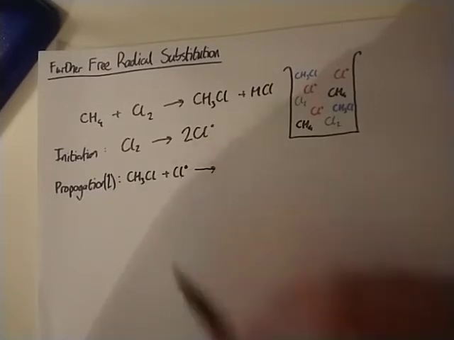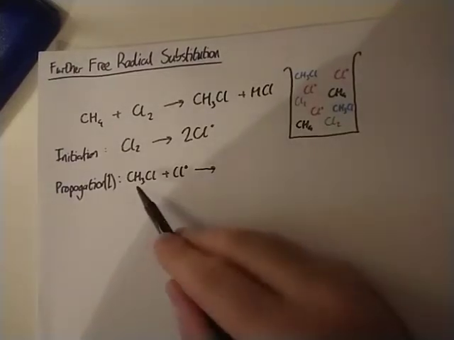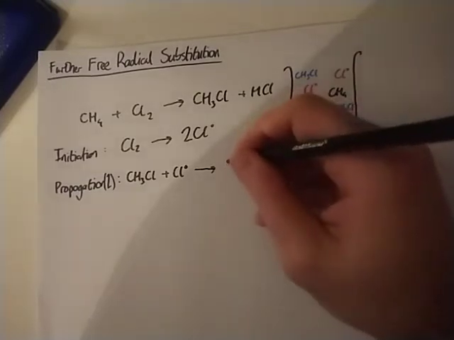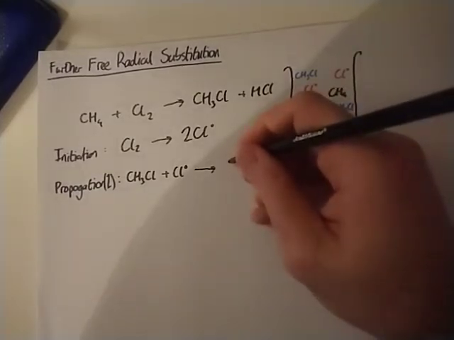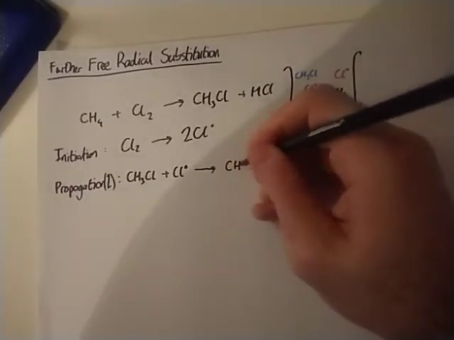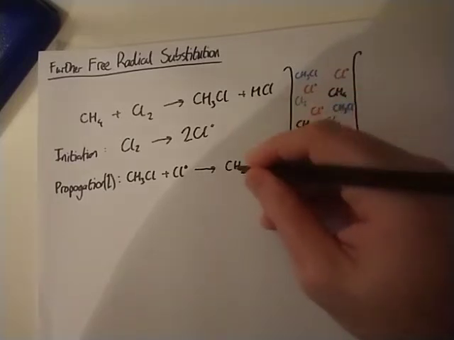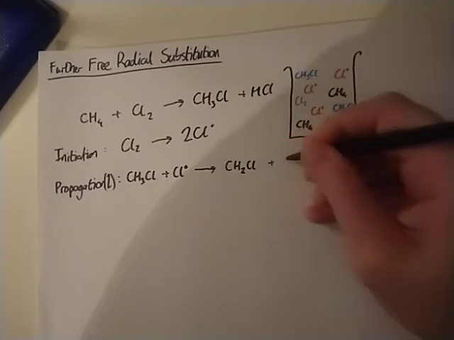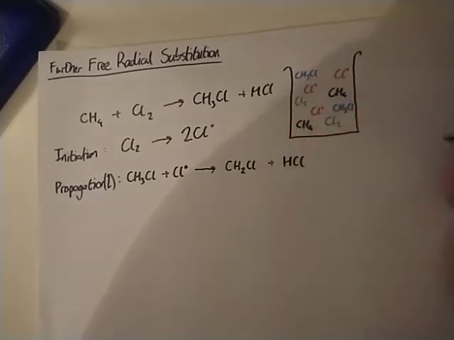The chlorine is going to break open the carbon-hydrogen bond and take the hydrogen off. So it's removed one of the hydrogens, so it goes down to CH2Cl, don't forget that Cl's there, plus HCl.